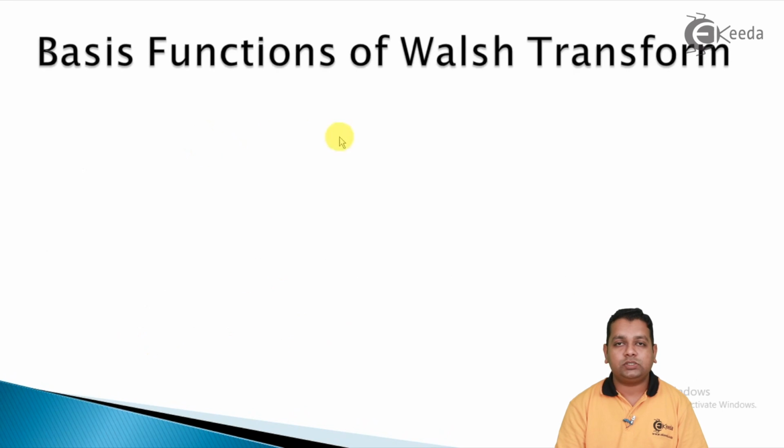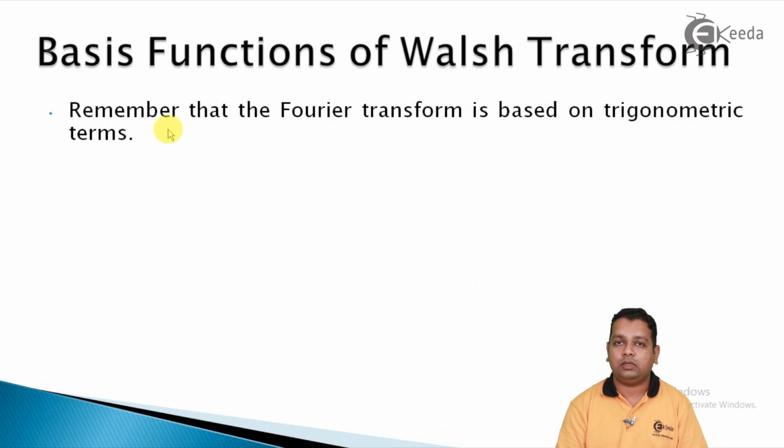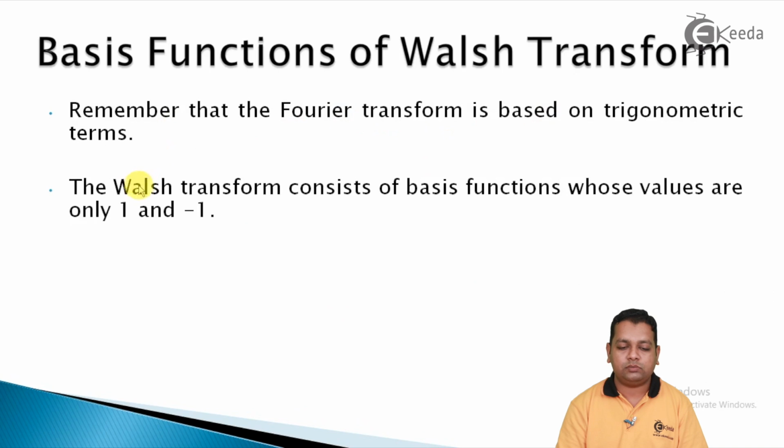Regarding the basis functions of the Walsh transform, remember that the Fourier transform is based on trigonometric terms, whereas the Walsh transform consists of basis functions whose values are only 1 and minus 1. Compared to simply 1 and minus 1, working with sines and cosines is definitely a complex, difficult task.